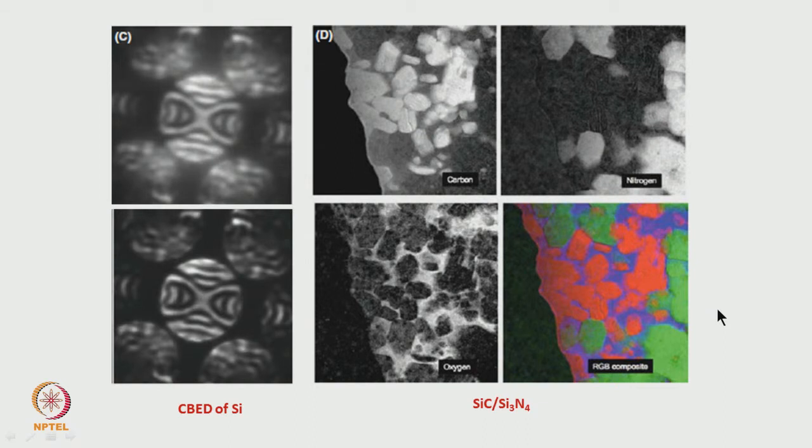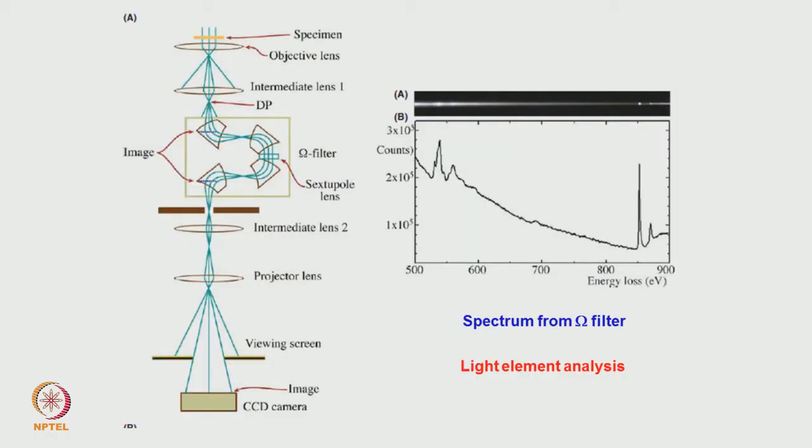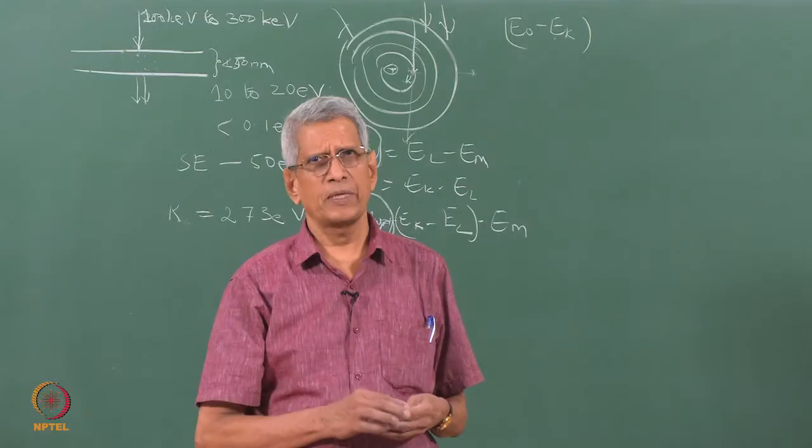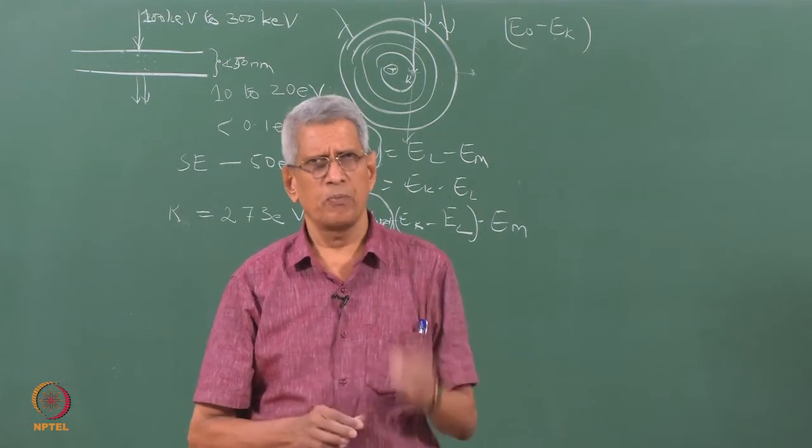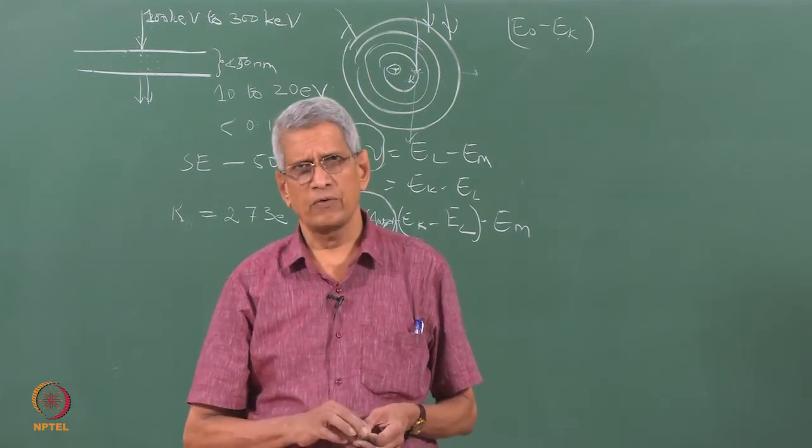And another important factor which one should remember is that, as I mentioned, looking at some of these peaks which occur very close to the K edge, we can find out the chemical state. The shift in chemical state is going to be extremely small, of the order of a few electron volts.